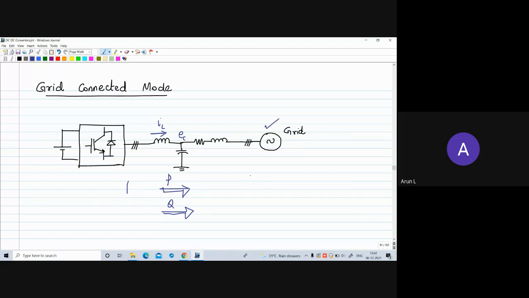So here something known as a phase locked loop is popularly used to give the reference frame angle for doing the transformations. If we are doing control in DQ reference frame, we need to transform the ABC variables into DQ. So for doing that DQ to ABC transformation, we need a phase angle theta. This angle theta should be in synchronism with the grid, so that will be extracted from the grid using a PLL.